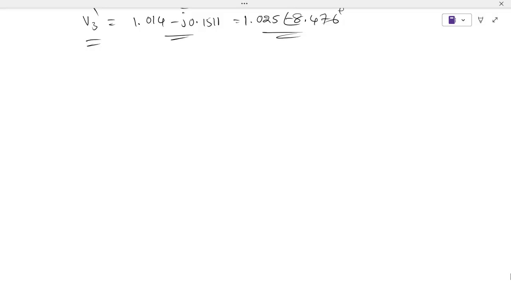Okay. Now finally, the last one is the calculation of V4.